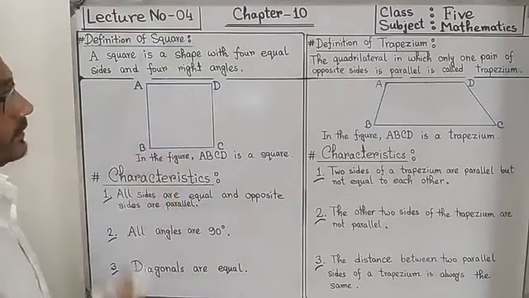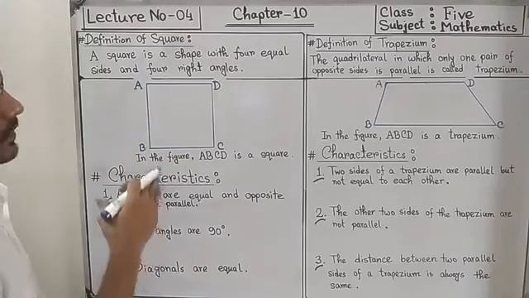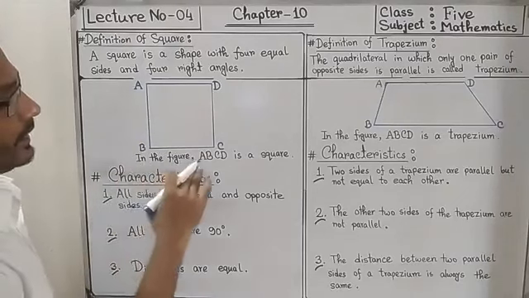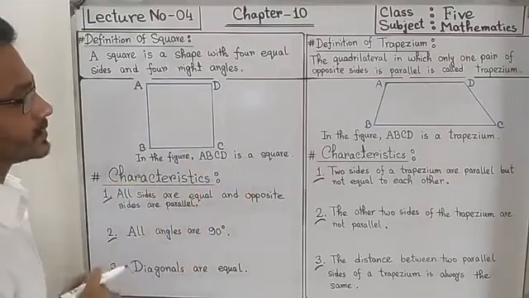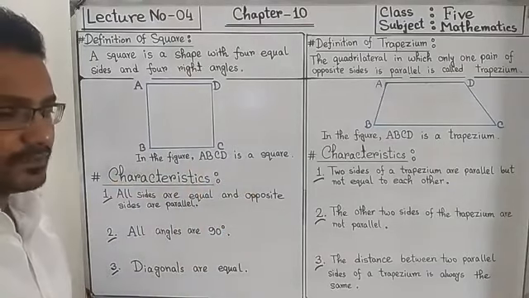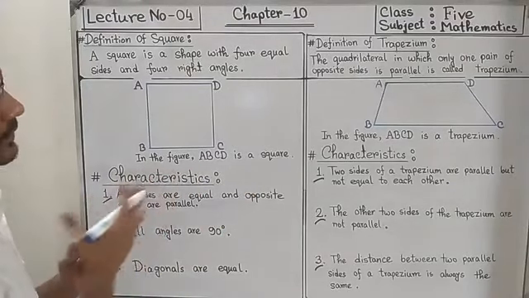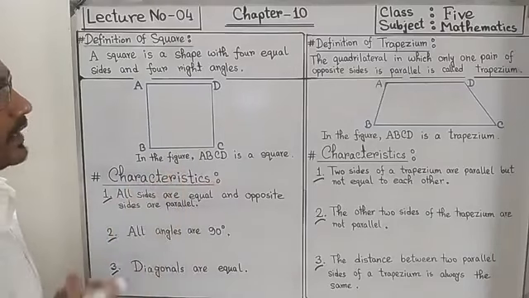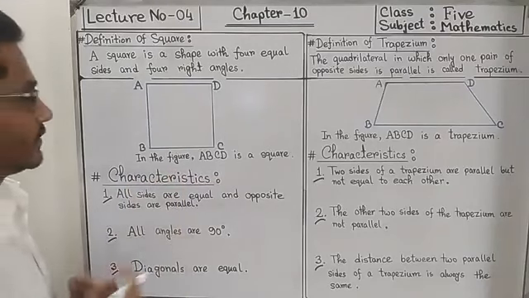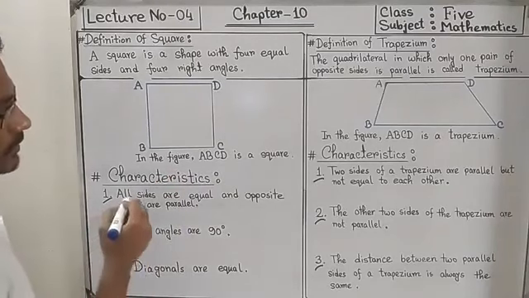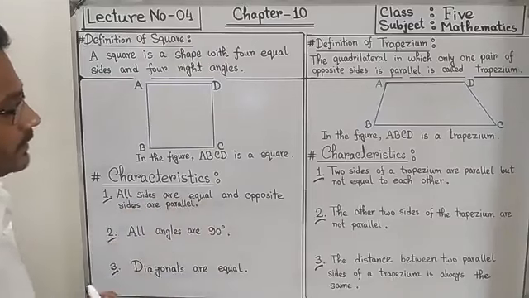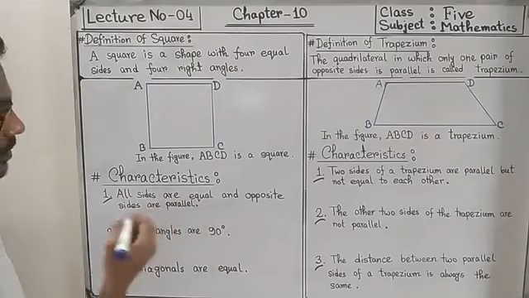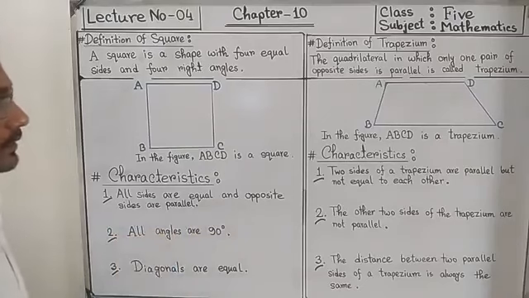And here this is a figure of a square. In the figure ABCD is a square. So from the definition and from the figure of ABCD square, first we can write that all sides are equal and opposite sides are parallel.